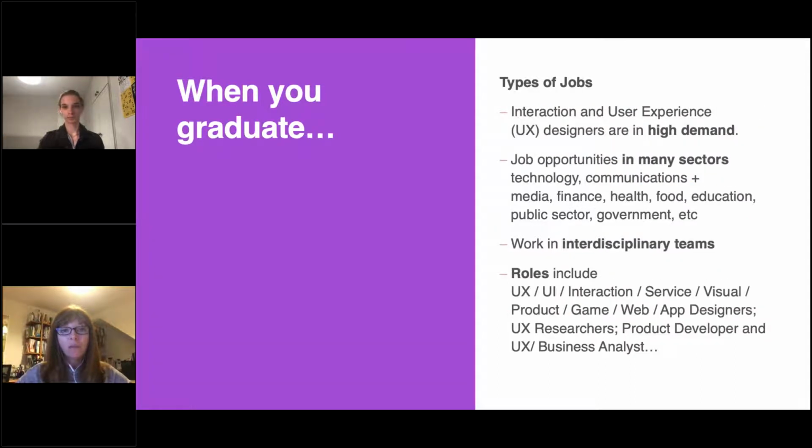Okay, and just the types of jobs then. Well, as I say, interaction and user experience designers are in high demand. They're in many sectors. And typically, the type of work you'll be doing, you'll work in a team. So user experience interaction design is usually part of an interdisciplinary team that will involve things like business, sales, maybe finance, maybe technology and engineering, software development.